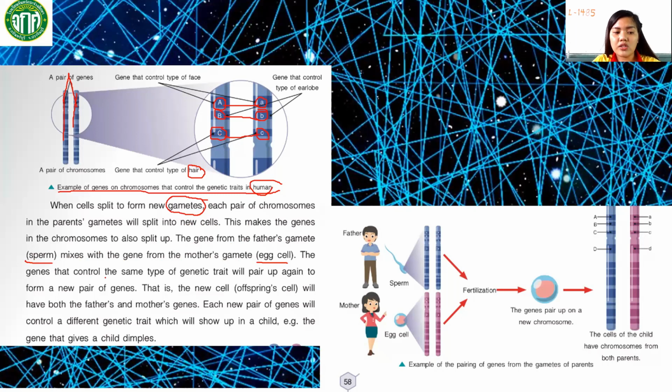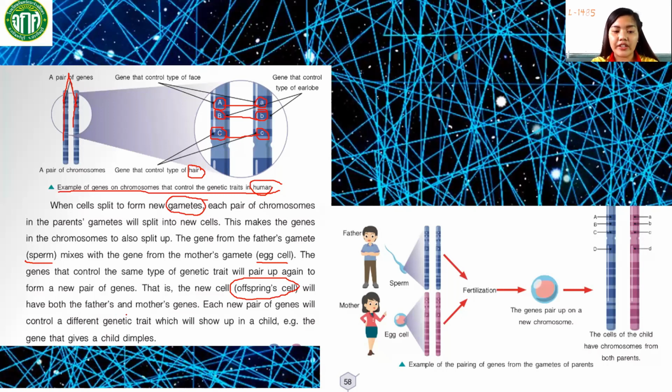The genes that control the same type of genetic trait will pair up again to form a new pair of genes. So that is the new cell, or the offspring's cell, which will have both the father's and mother's genes.